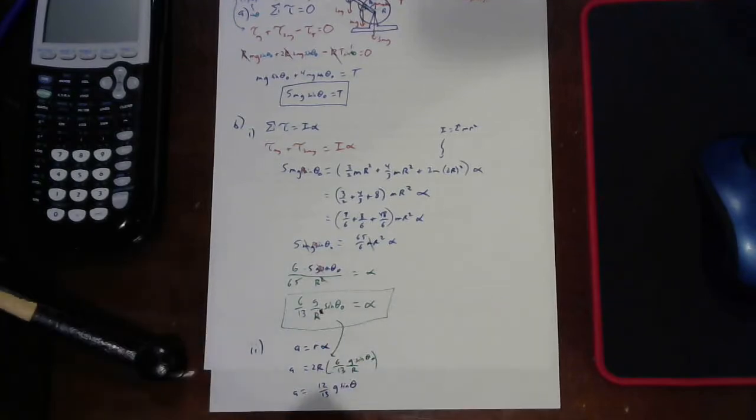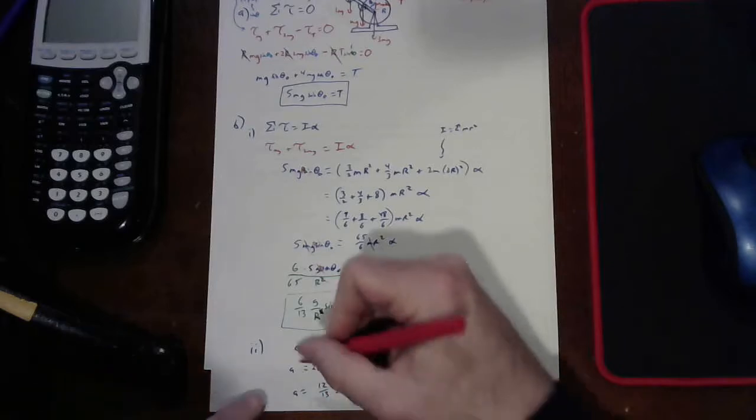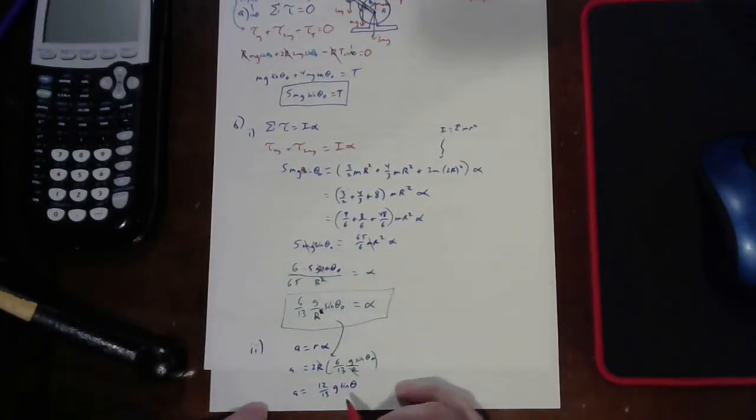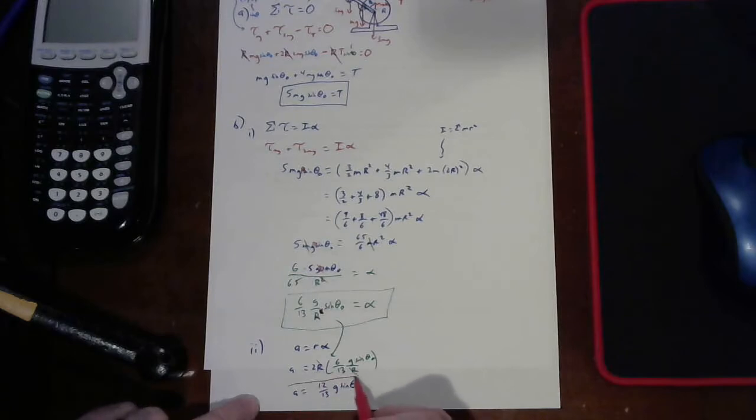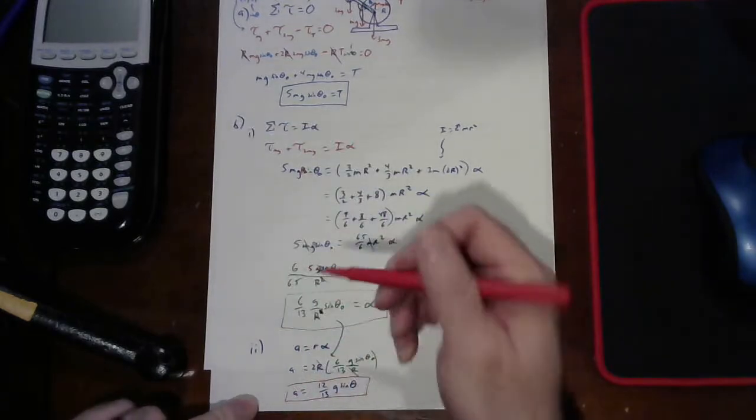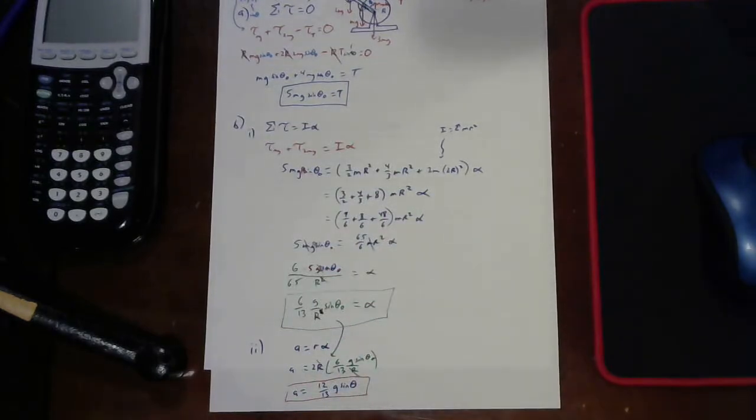Because this R and that R will cancel each other. And taking a look at this, you say, I know sine theta has no units. Look, A and G, they have the same units. Acceleration to gravity, meters per second squared, meters per second squared. Life is good. Okay, so that's our answer for part B II. On to the next part.